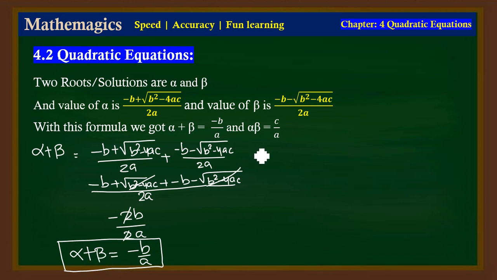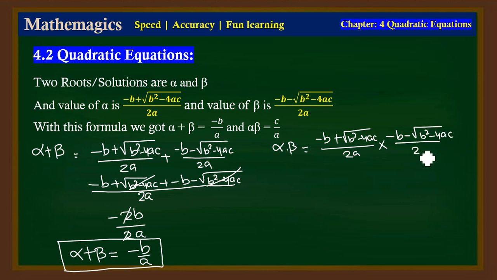Now the second part is alpha into beta, which we are going to check. Let us plot the values: minus b plus under root of b square minus 4ac divided by 2a, multiplied by minus b minus under root of b square minus 4ac divided by 2a. If we multiply this, 2 into 2 becomes 4 and a into a becomes a square.